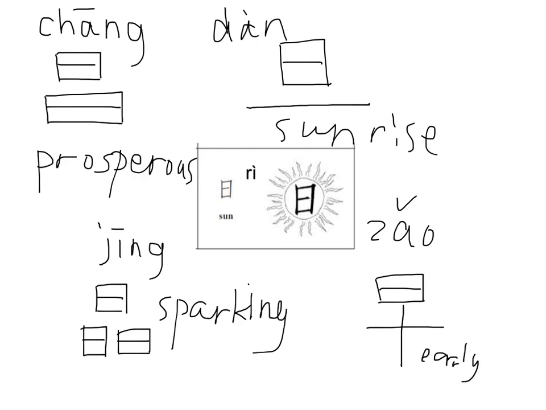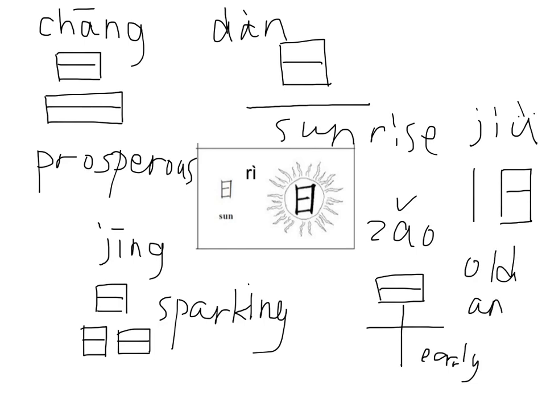The last character we have here, we put a vertical line on the left, and on the right we put 日. So this character is pronounced like 旧, but the meaning is old or ancient. Sorry, I cannot write everything here. Ancient.